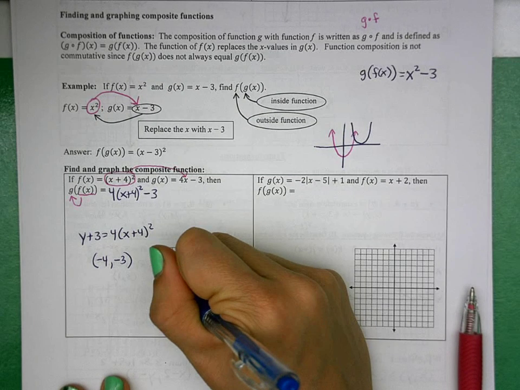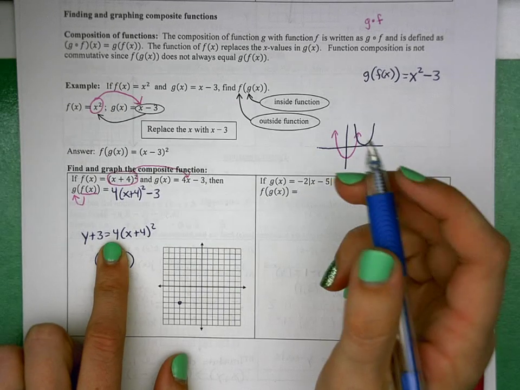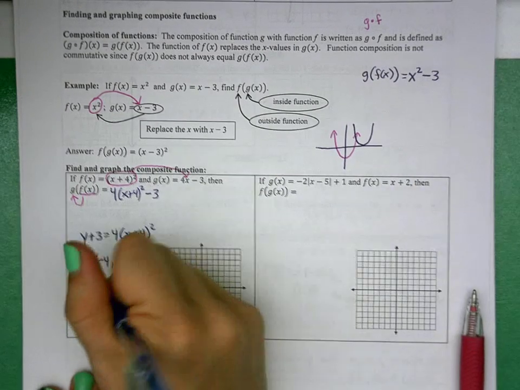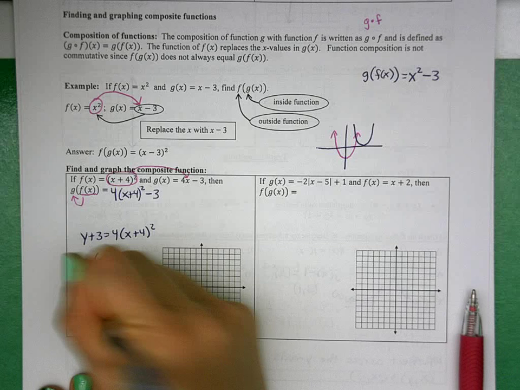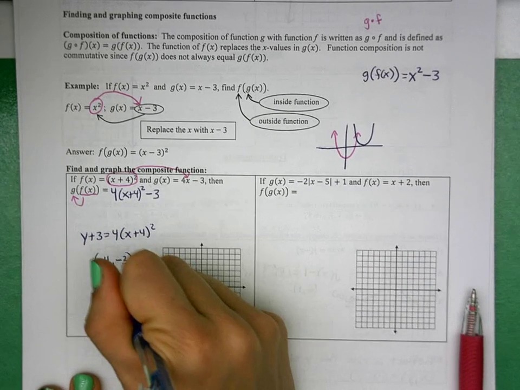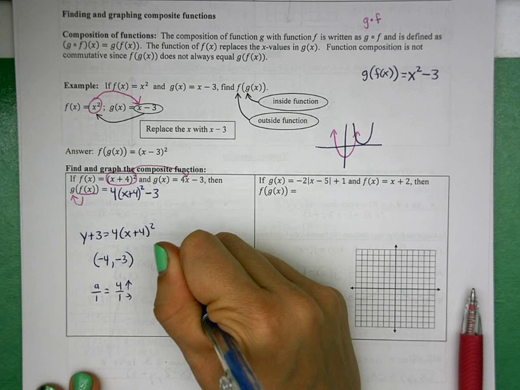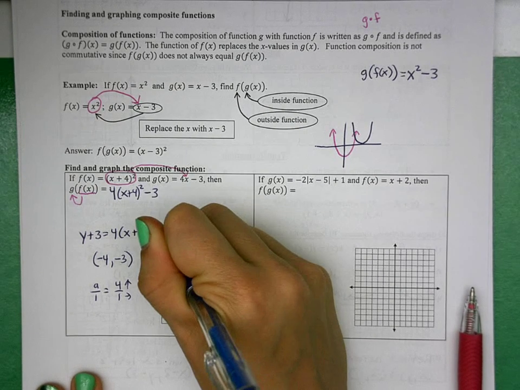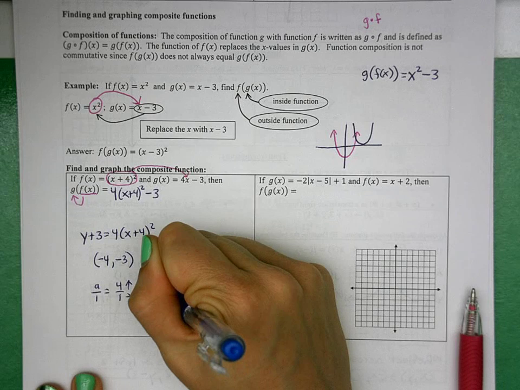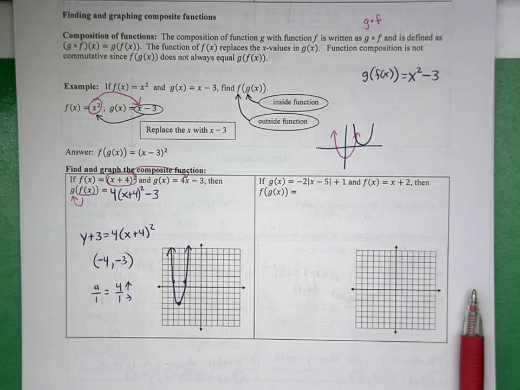This is a positive a, so I know I'm going to be facing upwards. And we are a over 1 or 4 over 1, which tells me I'm going up 4 over 1. 1, 2, 3, 4 over 1, which gives me a very steep u there. Okay, go ahead and pause the video, give that next one a shot.